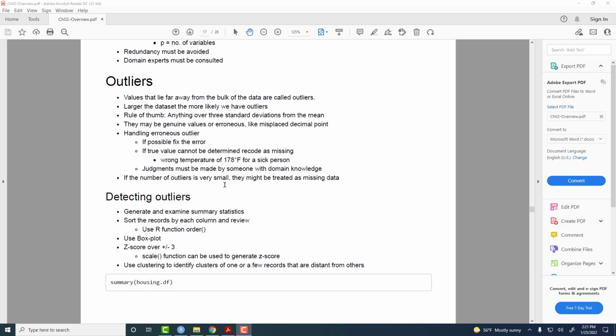You can use a box plot to visually see whether there are any outliers, because a box plot takes the 5-number summary and puts it in graphical form. You can also compute the z-score and look for z-scores greater than plus or minus 3 on either side. We can also use what is called a clustering technique. We haven't talked about clustering yet, so we won't worry about how to do it at this point.